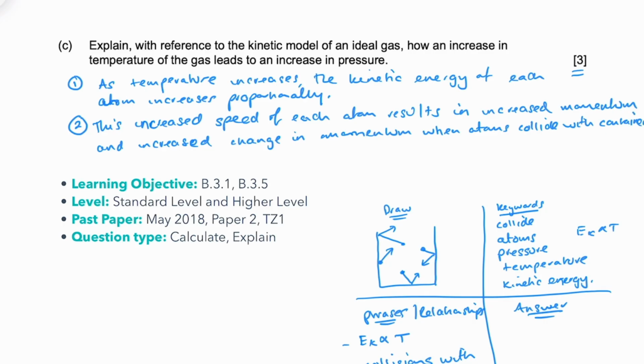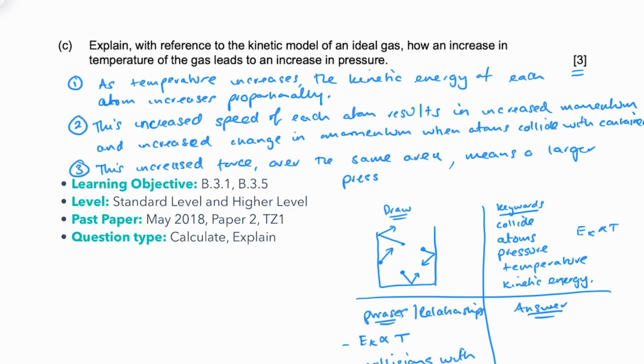We know what happens when we've got an increased change in momentum, don't we? There's an increased force. So this increased force over the same area means a larger pressure. And to justify that, we're going to put pressure equals force over area.